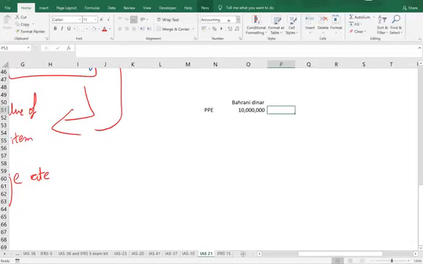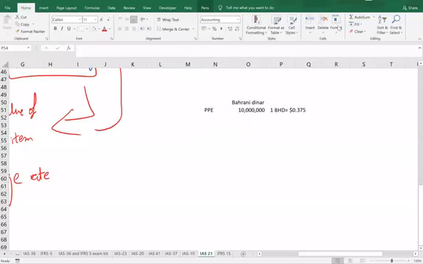So one USD is 0.375 Bahraini dinar. Yes. All right, that's the exchange rate.